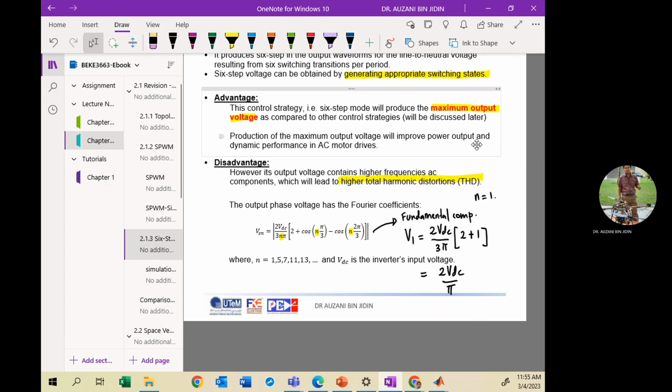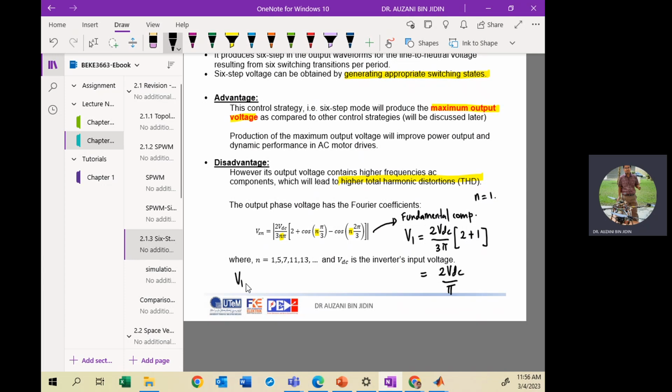So clearly this equation shows that the fundamental component produced from the six-step is larger than that produced from the sinusoidal pulse width modulation. Because for SPWM, the maximum possible voltage that can be produced is half of VDC.